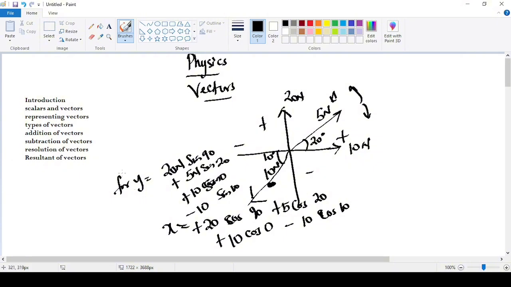So for the y components, y equals 19.97. Now for the x component, we have 20 cos 90 plus 5 cos 20 plus 10 cos 0 minus 10 cos 10. That'll give me 4.85. So for my x component, 4.85.